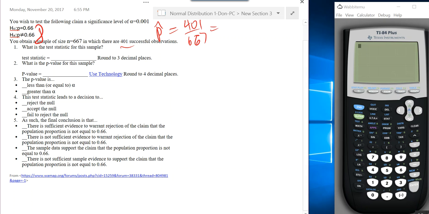So our p hat comes out to be, I did this earlier on the calculator, 0.601. So that's our p hat value.